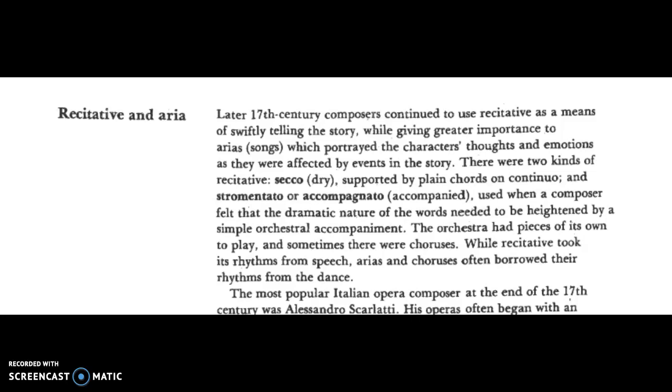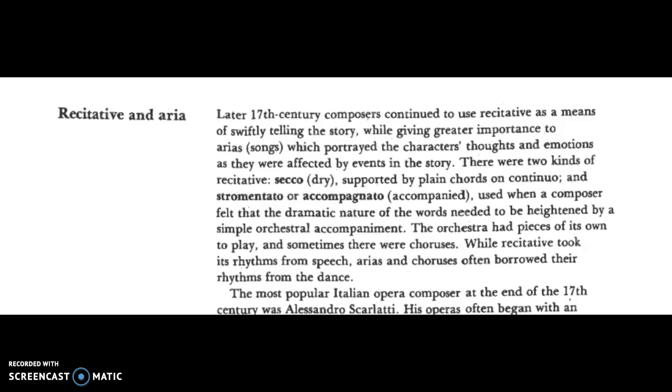There were two kinds of recitativo: secco, dry, supported by only plain chords on the continuo, and stromentato or accompagnato, accompanied, used when a composer felt that the dramatic nature of the words needed to be heightened by a simple orchestral accompaniment. So there I have that the accompaniment is fuller.